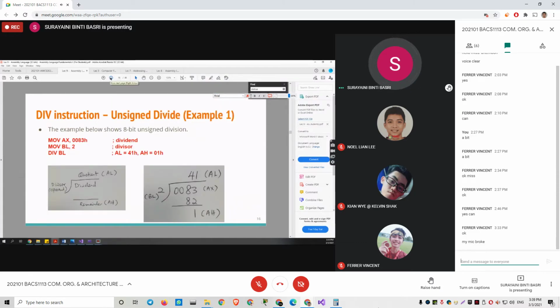This is the example of how we do division of 8-bit numbers.